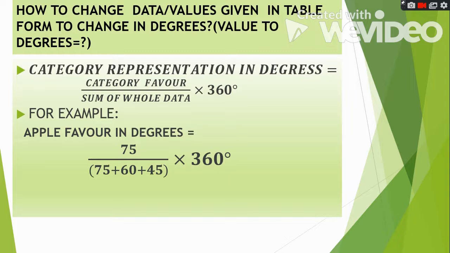For example, in the previous example apple favor is equal to 75, so it will be divided by the sum of whole data. Whole data numerical values are 75, 60 and 45. So we will keep them in the denominator and multiply by 360 degrees, just like we multiply with 100% in percentage. So now we will multiply 360 degrees to get it into degrees.